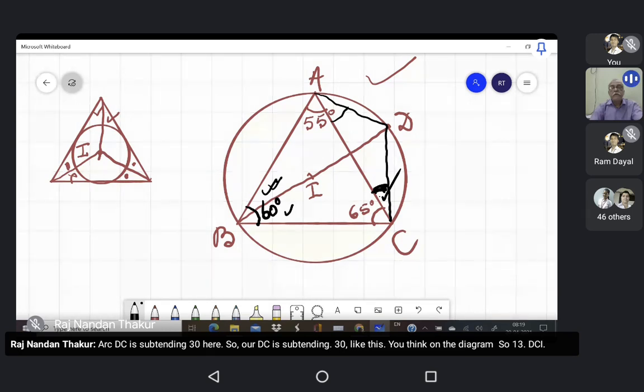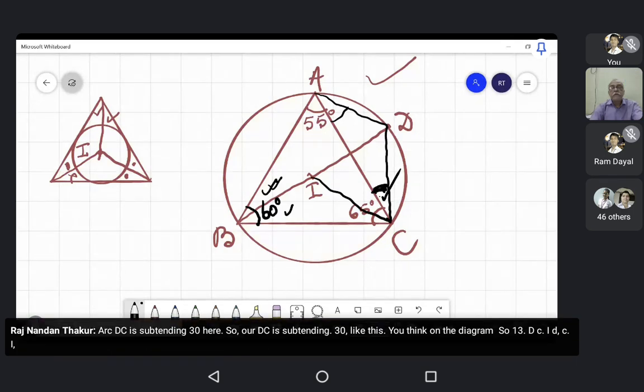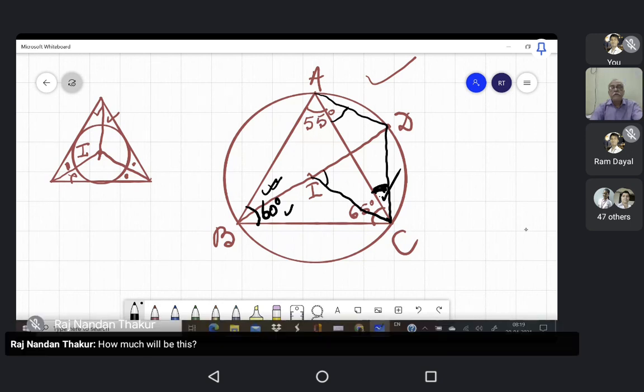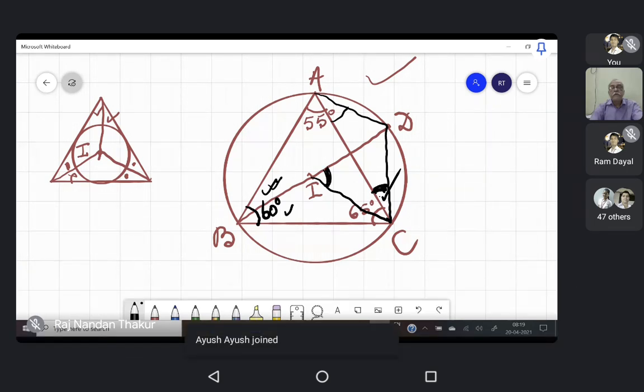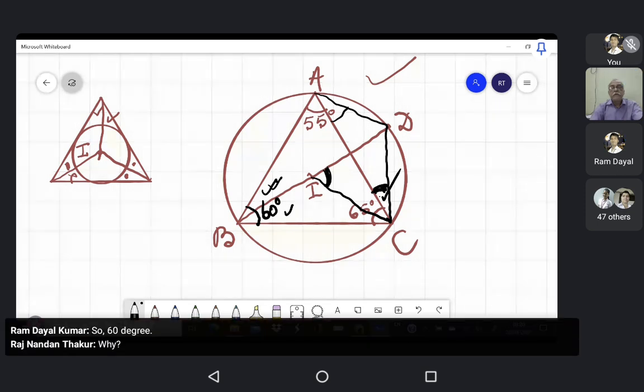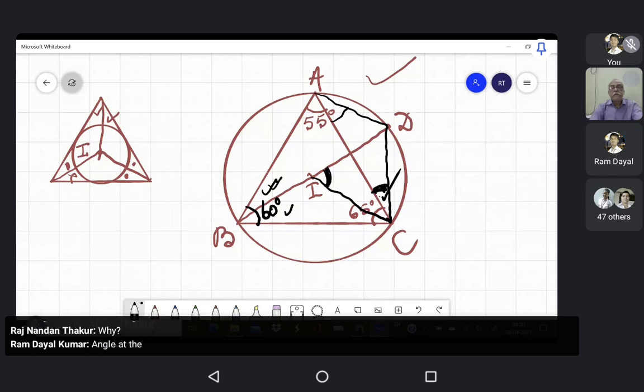DCI. How much will this be? So 60 degrees. Why? Angle at the center.